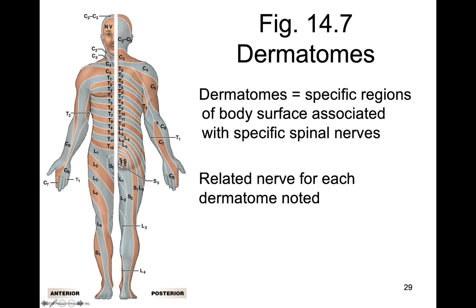So dermatomes show the regions of the body that are associated with specific spinal nerves. And then they note down the nerve that's related to each dermatome. So anytime there's an issue, they can go back here and see which one is having an effect on the sensation. This side is showing the anterior, and this is showing the posterior part of the body.